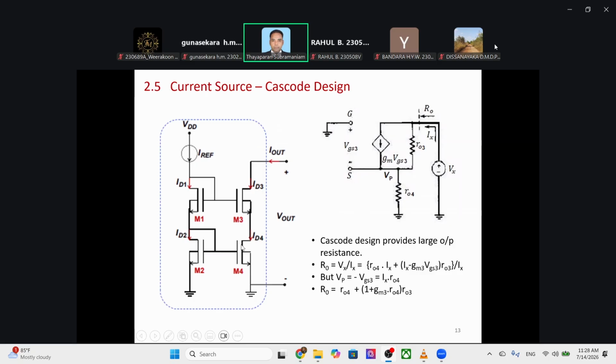The source point is going to be at a different voltage. So R out 4 plus gm times VGS3, but VGS3 is negative here, so the current is Ix minus gm times VGS3.